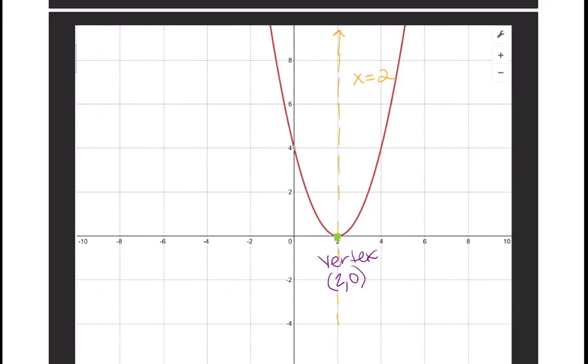If our parabola was this way, it'd be the y. So that line of symmetry, it's got to be the same. If you look at this graph and you folded it over that line, you would get the mirror picture of it over here. So we're flipping it, or reflecting it, over that line. That line would be x equals 2.